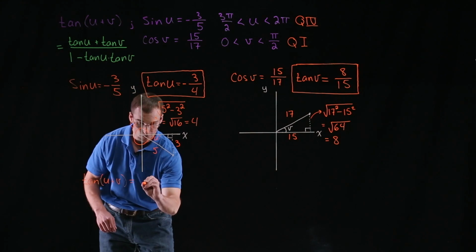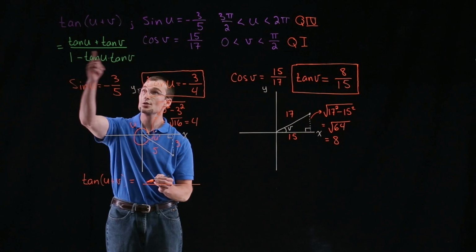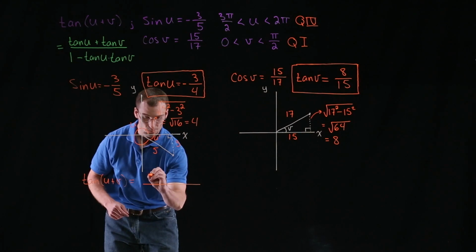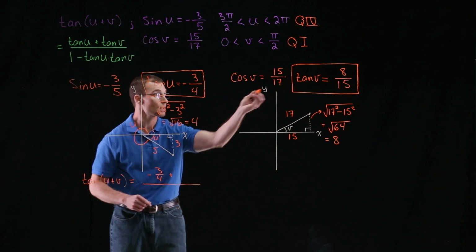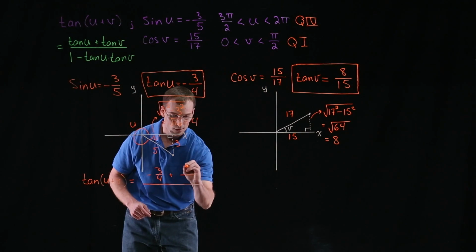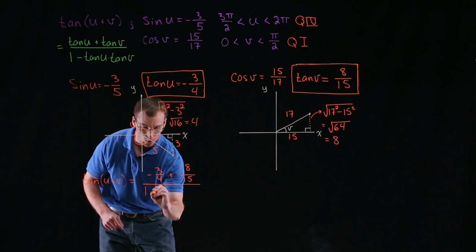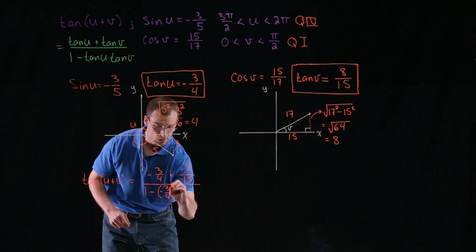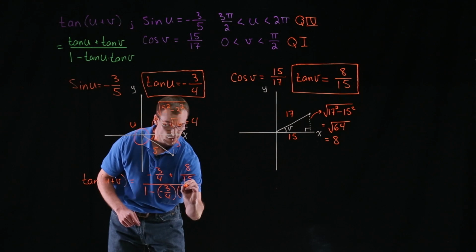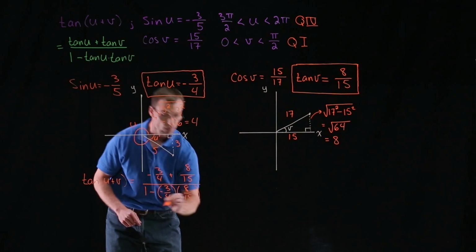So our tangent of u plus v is equal to tangent u plus tangent v, or negative 3/4 plus tangent v, 8/15, all divided by 1 minus tangent u, or negative 3/4 times tangent v, 8/15.